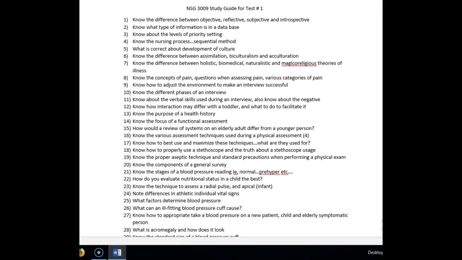Okay, so biomedical, an example, and I had thought about this, would be like, for instance, the germ theory. The germ theory states that microscopic organisms such as bacteria and viruses are responsible for specific disease conditions.